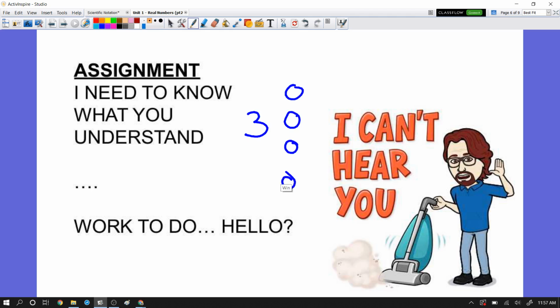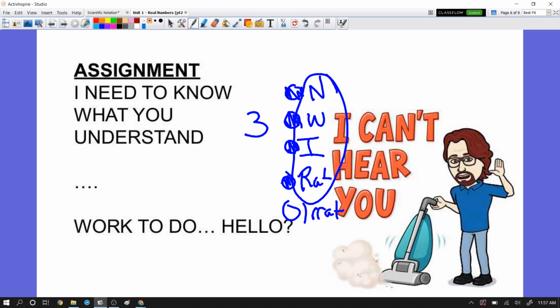And I want you to take these bubbles, and if you want to draw the bubbles and fill them in and be like, that's a natural number, that's a whole number, that's an integer, that's a rational number, and that's an irrational number, then you can go like this. Or you can just write these things next to the number. I don't really care. I just want you to practice, and I want to be able to see it so I can see if you understand what it is and what it isn't.